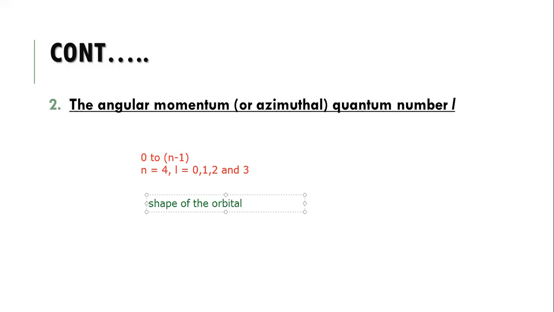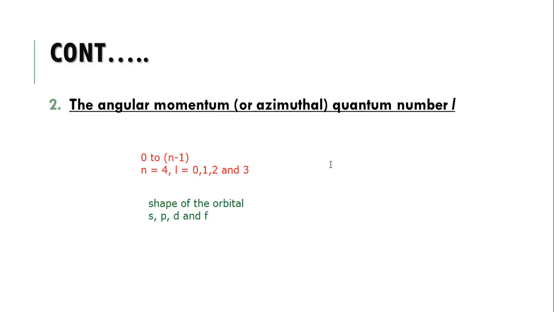So from this, you can define whether it is an s orbital, p orbital, d orbital, or f orbital. You get the value of L from 0 to n minus 1, and that explains the shape of the orbital.